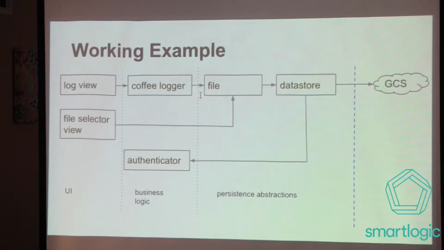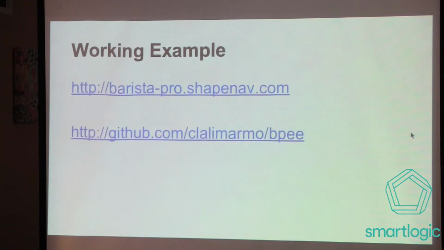It's the business logic, and that depends in turn on the file, which is like an abstraction for opening new files, saving data, switching between them. The file depends on the data store. That's what integrates with Google Cloud Storage, and then the data store depends on an authenticator to provide the OAuth2 tokens that I need to get at the buckets.